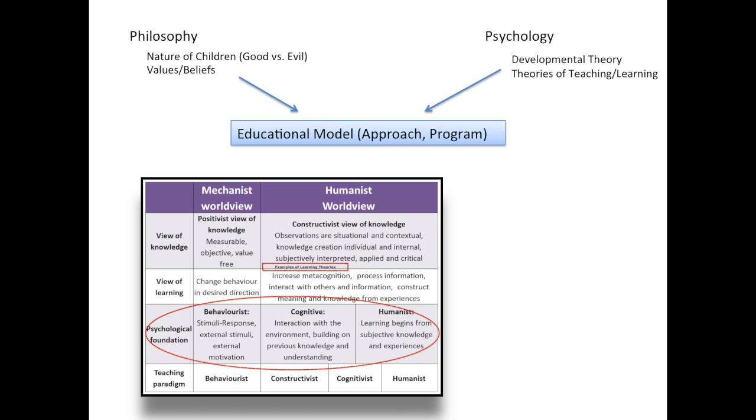So as educators, we borrow from this field as well. An educational model will hold a very clear understanding of what kind of developmental theory it believes in and thus supports how the teaching and learning process occurs.